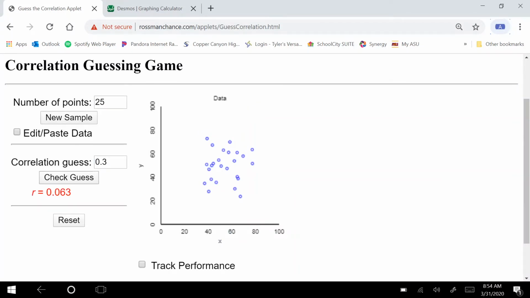Oh, that's really weak. So 0.063. So that's kind of lower than I expected. So that's pretty much close to 0, which means it's barely positive, but not very strong at all.